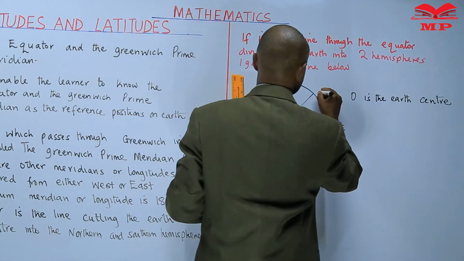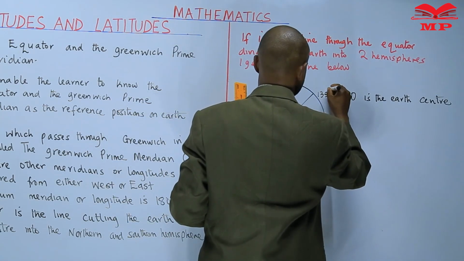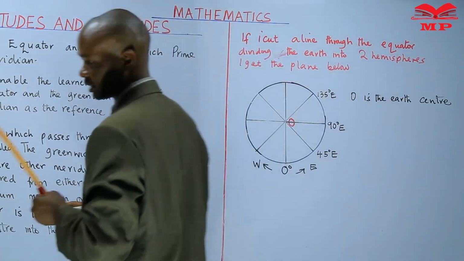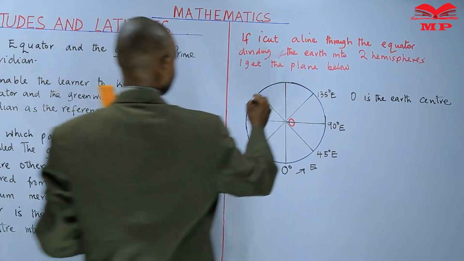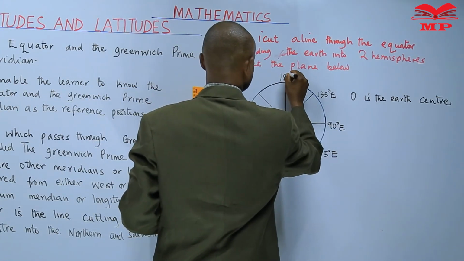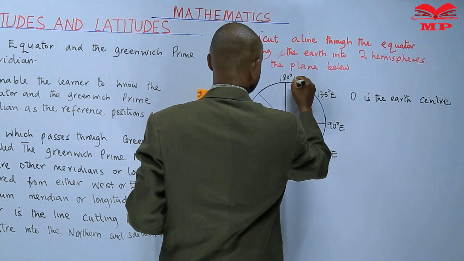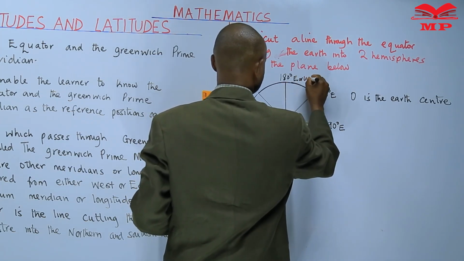This will be 135 degrees east. And at that point, 180 degrees we can have east or west.